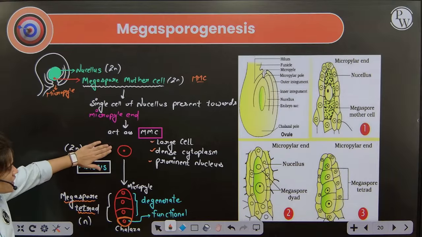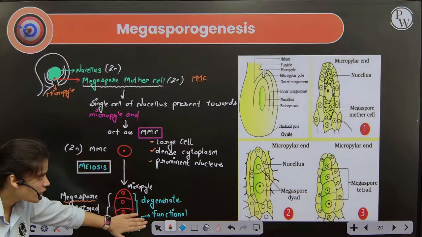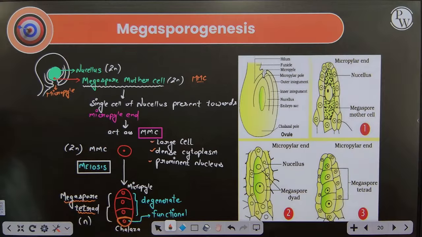And the formation of megaspores from the megaspore mother cell is known as megasporogenesis.